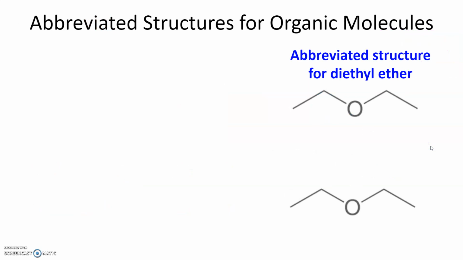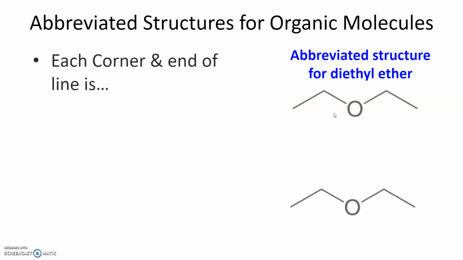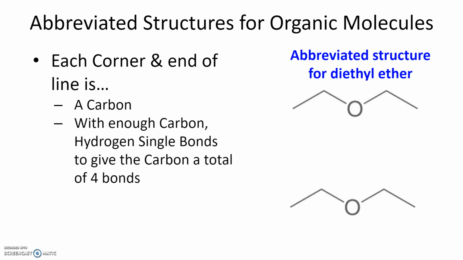Okay, last final thing on just getting used to structure is that for organic molecules, they're oftentimes really large, and so they abbreviate them. And the way that they abbreviate them is you have the structure here, you just see a bunch of lines and very few atoms, only oxygen. But each of the corners and ends of the line represents something. So each corner and end of the line is a carbon with enough carbon-hydrogen single bonds to give a carbon a total of 4 bonds.